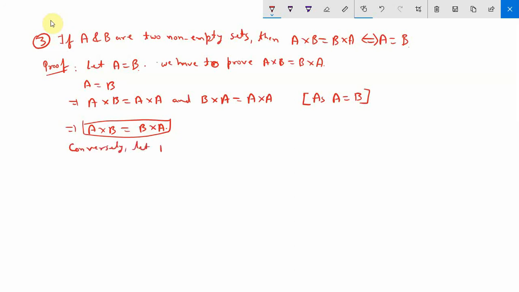Let A into B be equal to B into A. So in this case, if we are considering this relation, then we have to prove that it implies A equal to B. Okay. So this we have to prove.